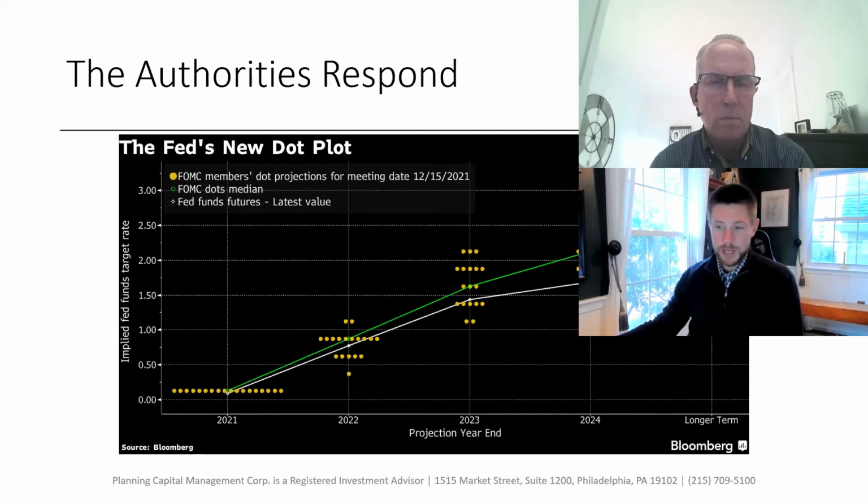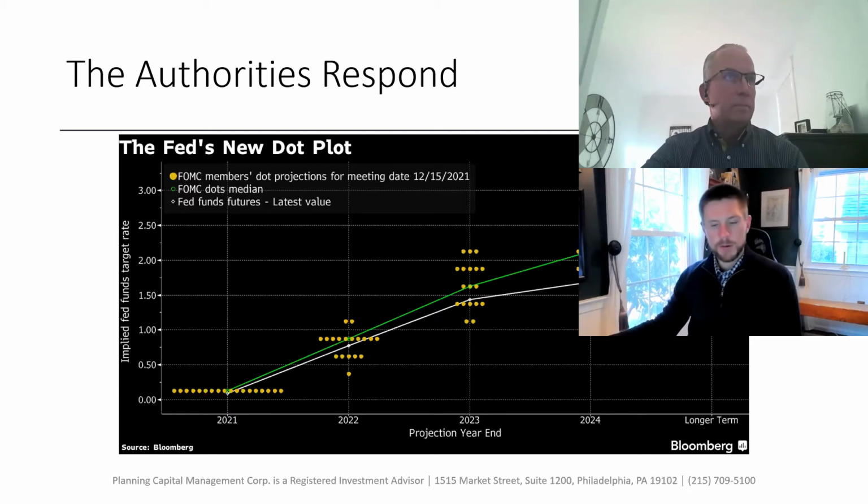The actual objective here is to move rates off of zero. The actual objective here is to create some level of sustained inflation. We certainly don't want inflation like the 70s, but the goal is to create some sustained inflation. What we're looking at here is what the Federal Reserve expects to do with interest rates.